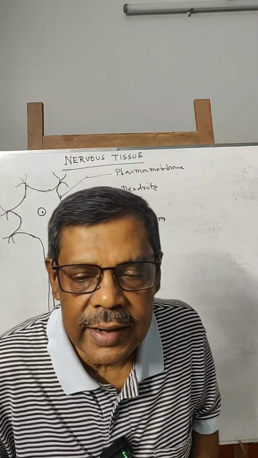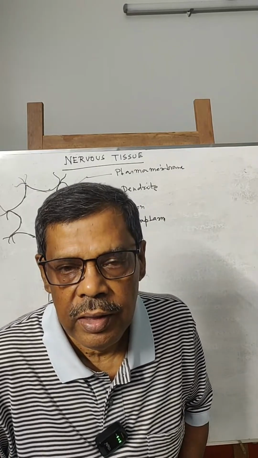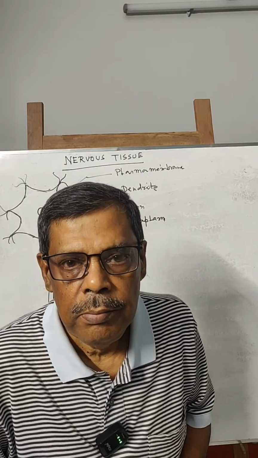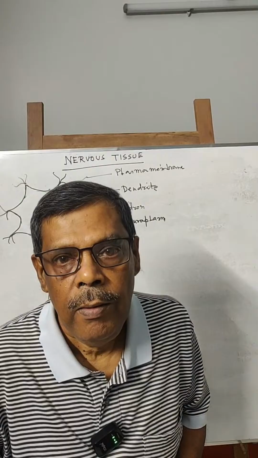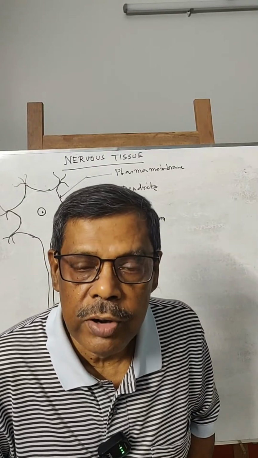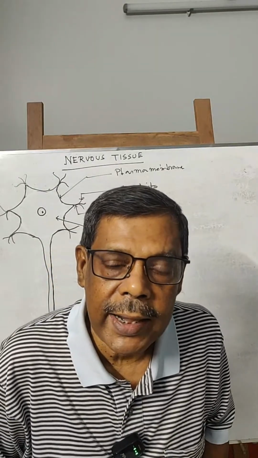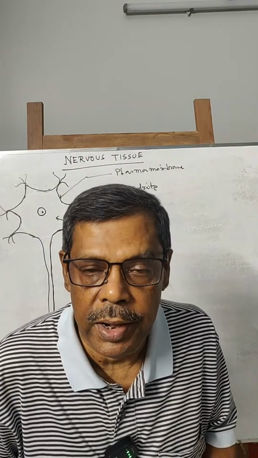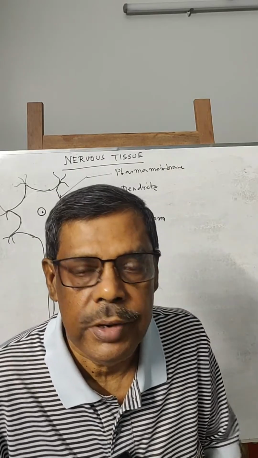Then other cell organelles, that is mitochondria, Nissl bodies, microtubules, rough endoplasmic reticulum. Next, neurofibrils and Golgi bodies are present, but no active centrosome is present, so it cannot divide after maturity.